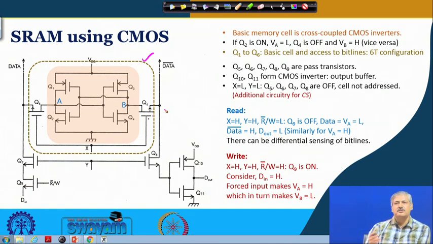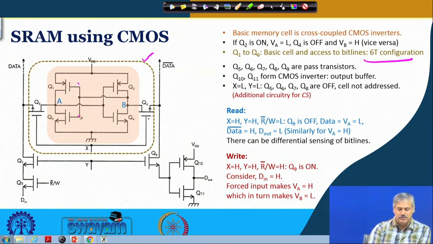Okay. So, they are often put together and this arrangement is termed the 6 transistor configuration for CMOS SRAM. Okay.